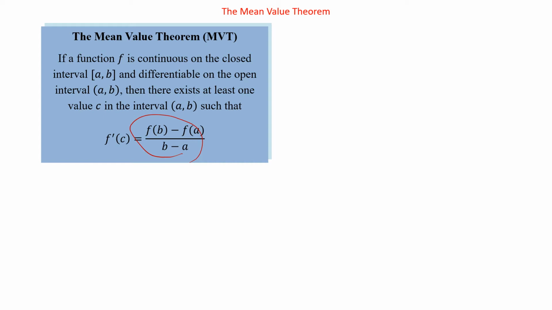This means if we have a function, let's say the function is this one right here, and it's going from a to b, there's a secant line connecting the endpoints. What this says is that somewhere in between there's going to be a point where the tangent line has that same slope. That's all it says.